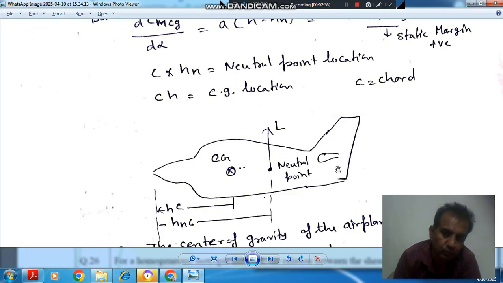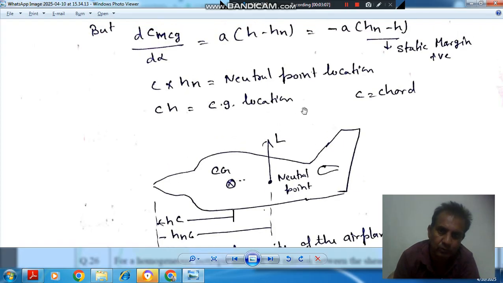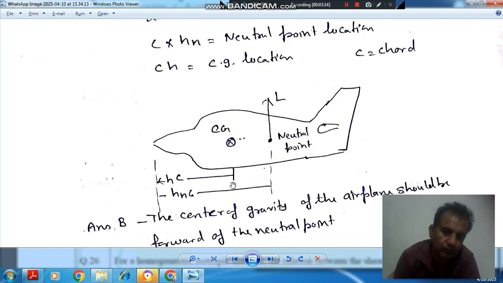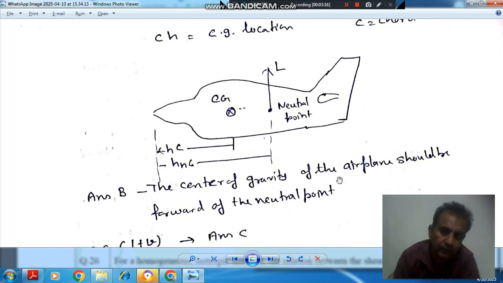In terms of chord, the total length is c, up to this point it is hn and up to the CG it is h. So hn minus h should be positive, which means hn should be more than h, or we can say the center of gravity of the airplane should be forward, closer to the front, of the neutral point.